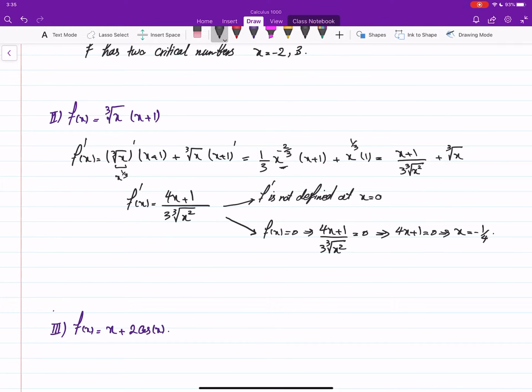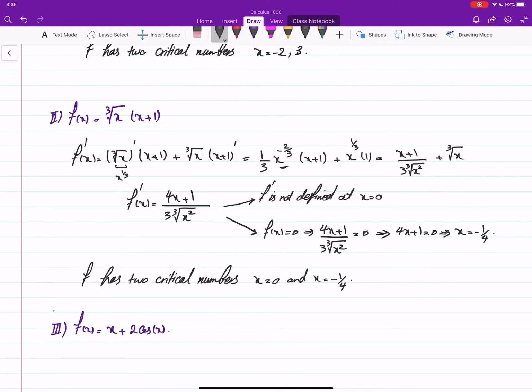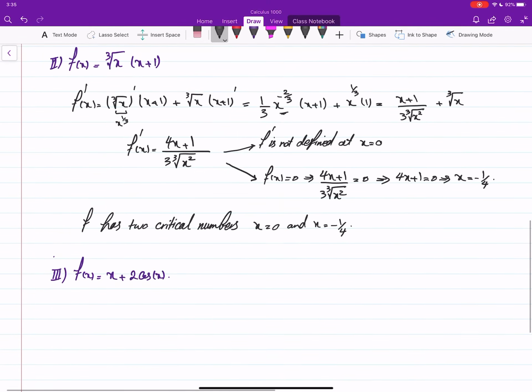So in this example we have critical numbers of both types. So f has two critical numbers, x equal to 0 and x equal to negative 1 over 4. And let's move to the other one.